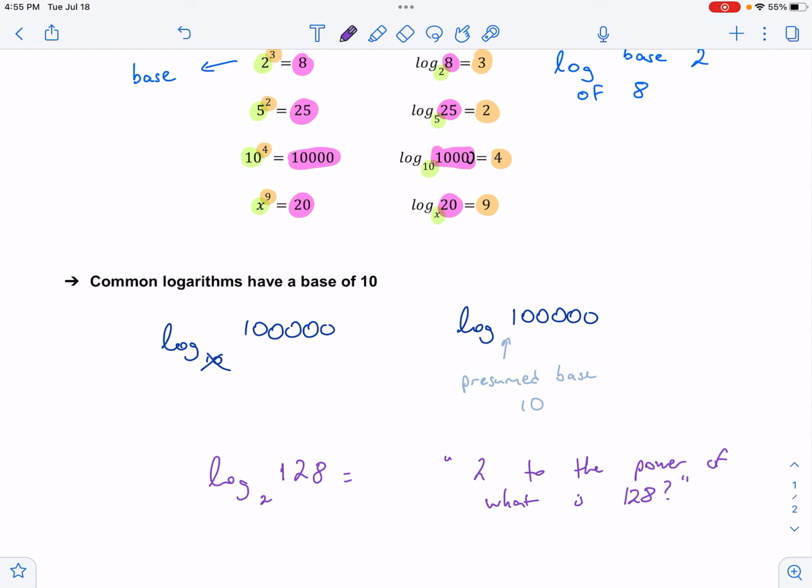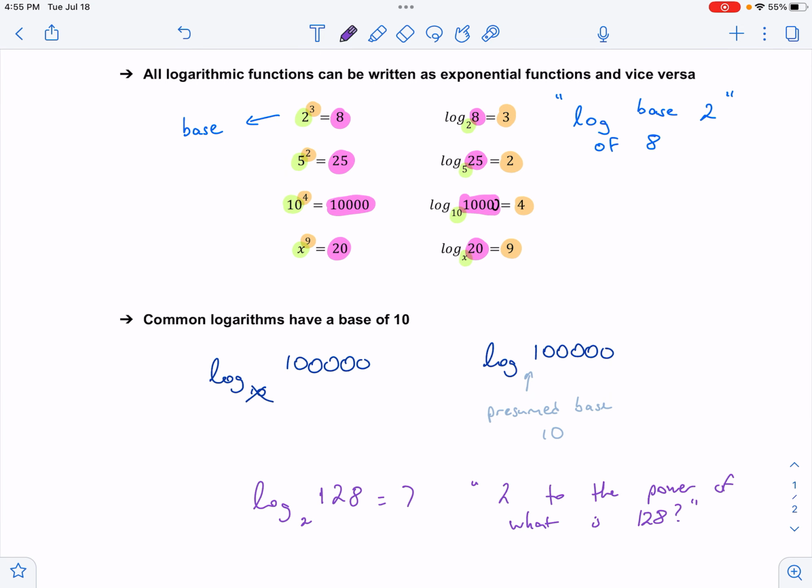Okay. How would you get that? I'm literally just going to take 128 and divide by 2's until I get 1. So my answer is 7. And I double check. 2 to the power of 7 is 128. All right, that's the gist of logarithms and what they are.